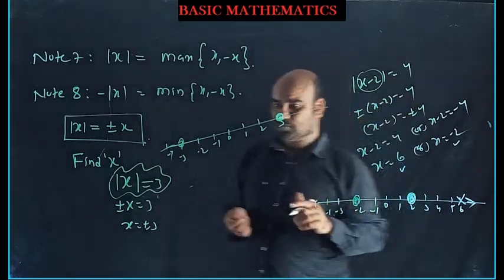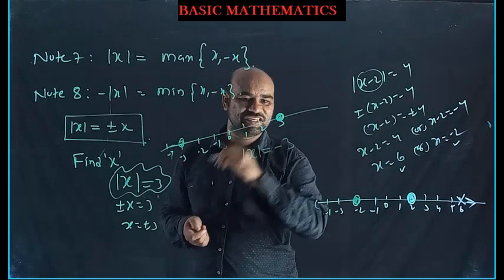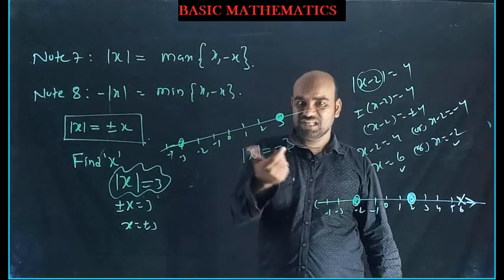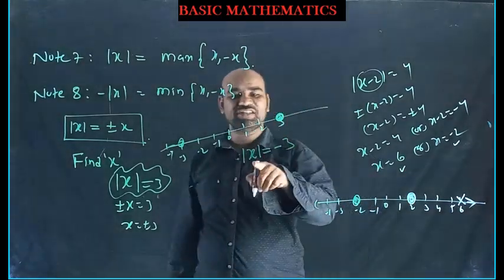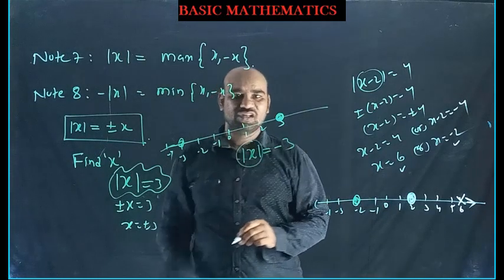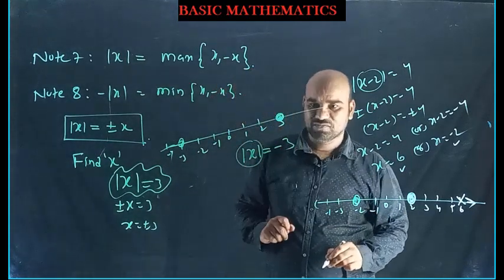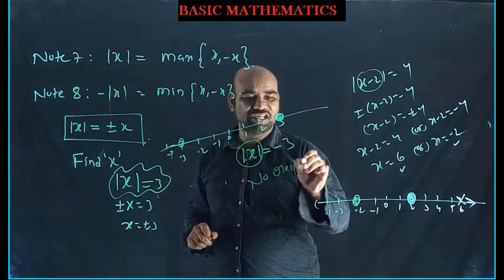Next, modulus of x equal to minus 3. Meaningless. Or you can say there is no value of x which satisfies this equation, because this is always non-negative. Non-negative never equals negative. That's why no real x.